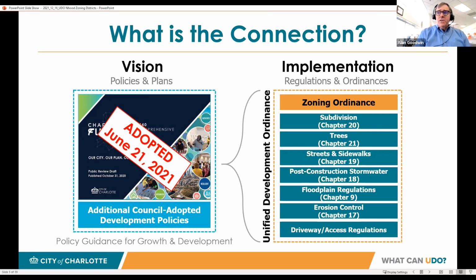You can see them all listed on the right-hand side of this slide. The one that a lot of people are probably most familiar with is the zoning ordinance, but we also have the other ordinances that you see in the city code there, and all of those will be updated as needed and consolidated and combined into one unified development ordinance.